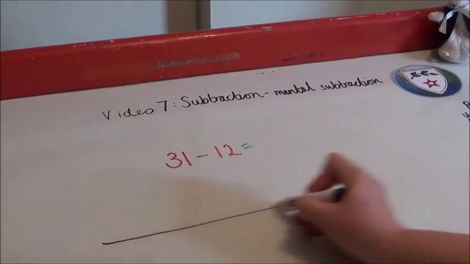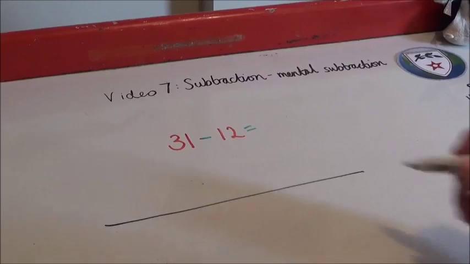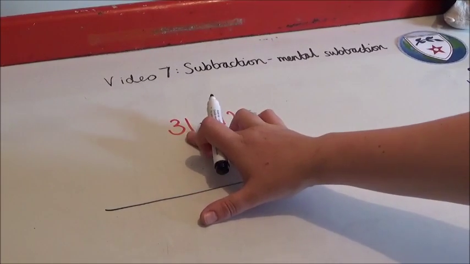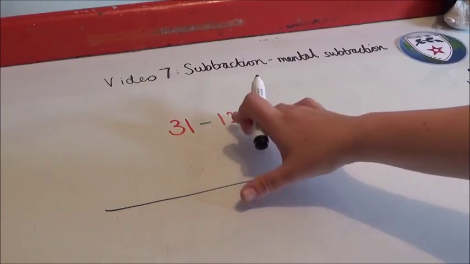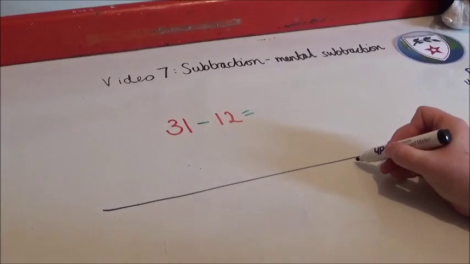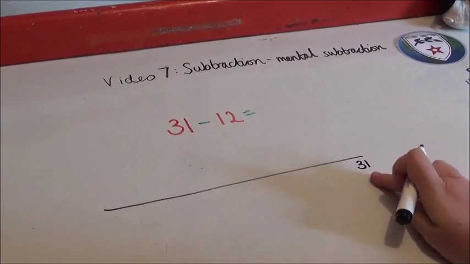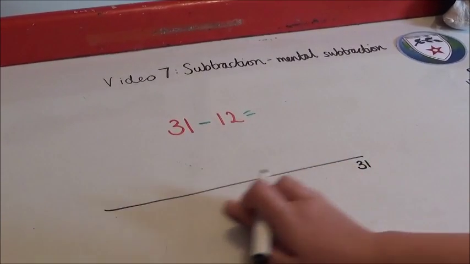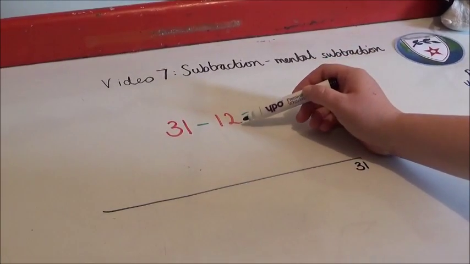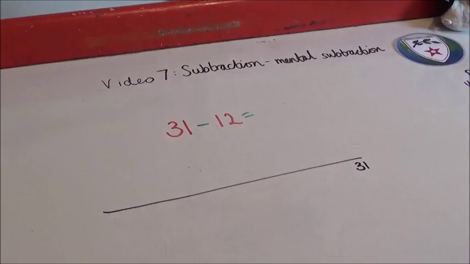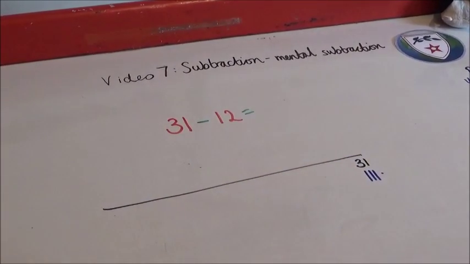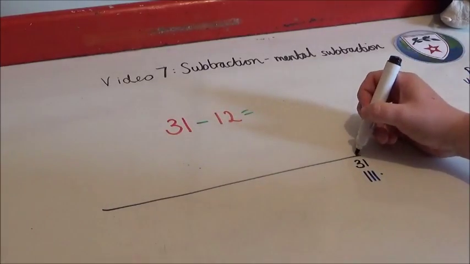So just like we did with mental addition, we're going to use this initial number. This is the initial number that's going to get smaller, and we're going to reduce it by 12. So I'm going to put 31 here at the end of my number line because we're going to make a reduction. I'm going to take off the 10 and I'm going to take off the 2. Let me just get the base 10 to show you. Here's 31. So I'm going to take off 10.